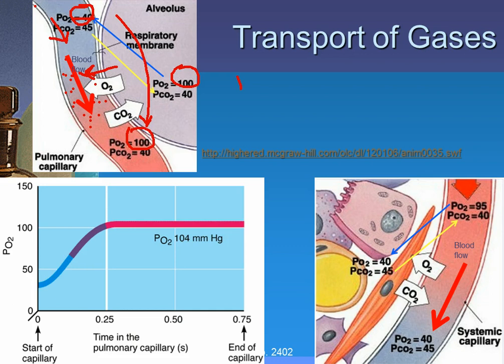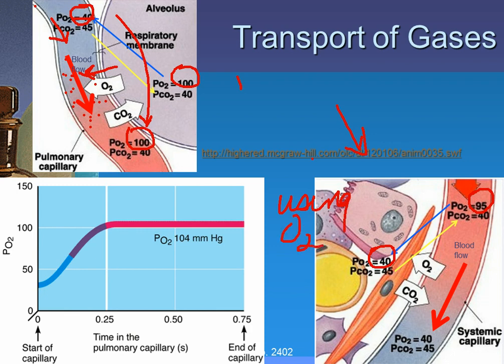Now, look down here at the tissue site. And here's PO2 in the arterial blood coming down. It's got its oxygen load at 95. And the PO2 in the tissues is 40. It's low because remember, the tissue cells are using oxygen as fast as they can get it. They're doing aerobic respiration.